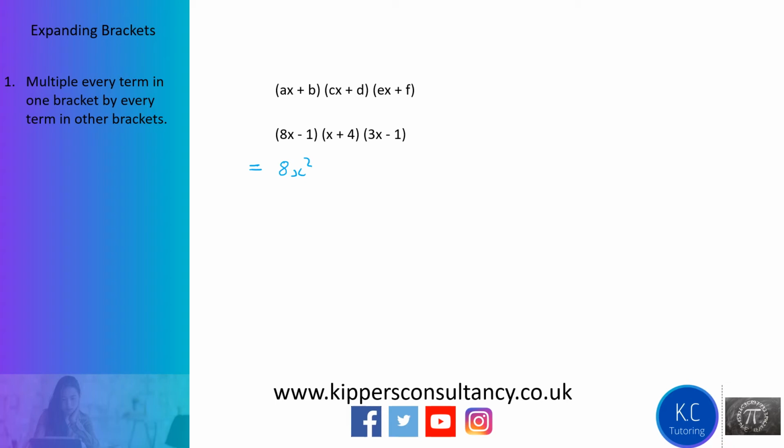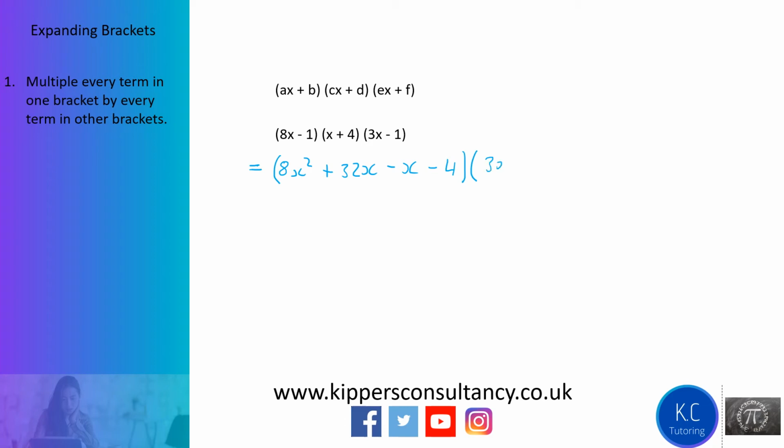Then I'm going to do the 8x times the 4 to make plus 32x. Then I'm going to do the minus 1 times the x to give me minus x. And then I'm going to do the minus 1 times the 4 to give me minus 4.